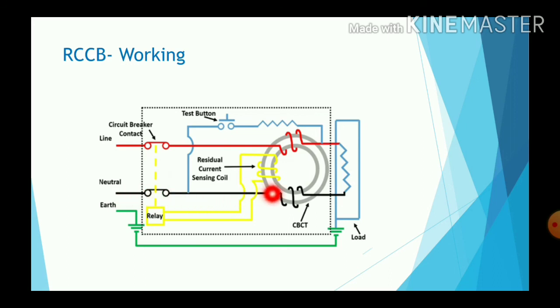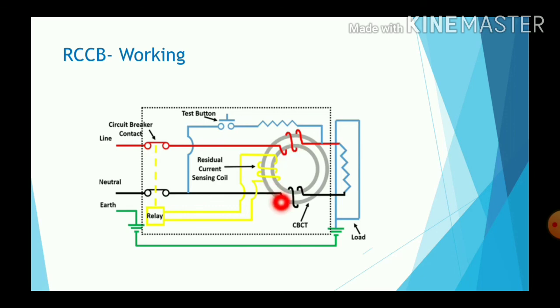Under this condition, there is no residual flux in the core and there is no residual current in the sensing coil. The relay is not operated. If any fault occurs in the system, there is some leakage current and the neutral current will not be equal to the line current.